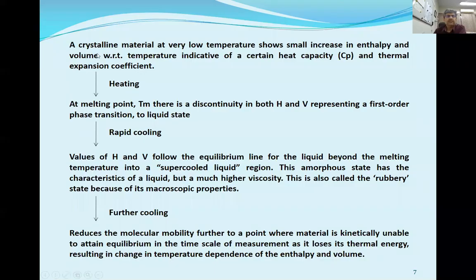In this slide, we'll discuss the same events that we saw in the last slide in the form of written matter. So a crystalline material at very low temperature shows small increase in enthalpy and volume with respect to temperature, indicative of a certain heat capacity and thermal expansion coefficient.